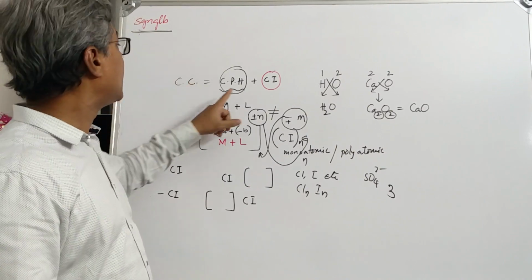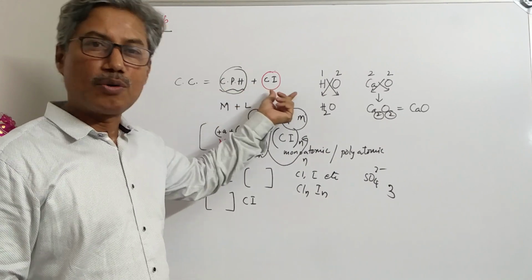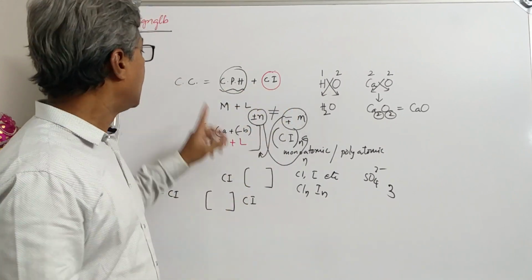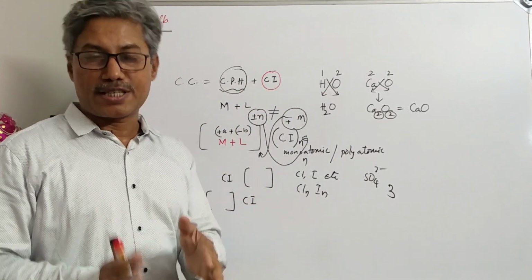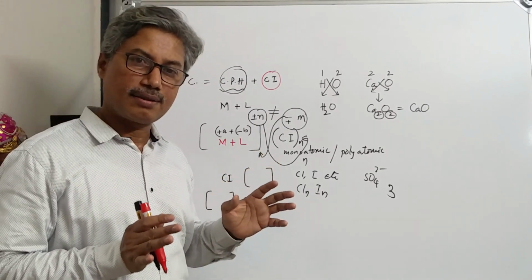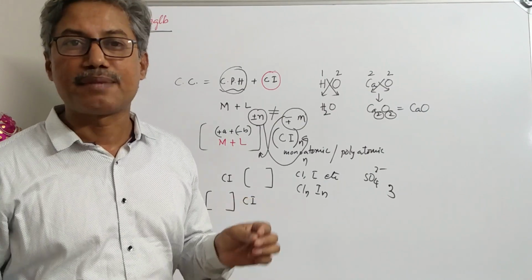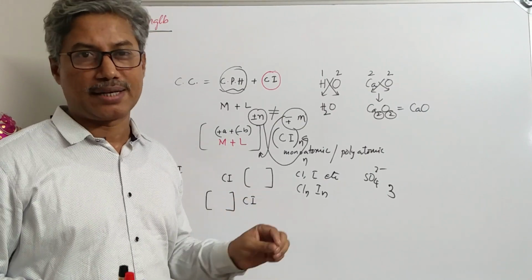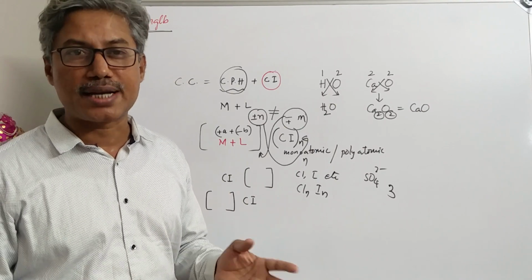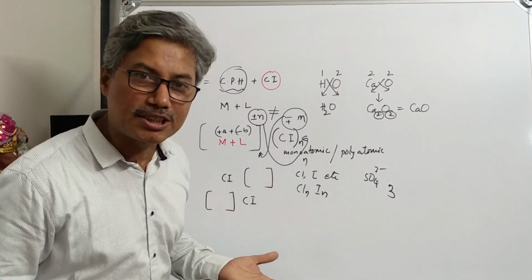Let me repeat this. Coordination compound is nothing but the combination of coordination polyhedra and counter ions. Then which should be written first, either coordination polyhedra or counter ion? That depends on charge on it. Between these two, which is positive charge, that should be written first. Okay. Then how will you identify the charge on this?